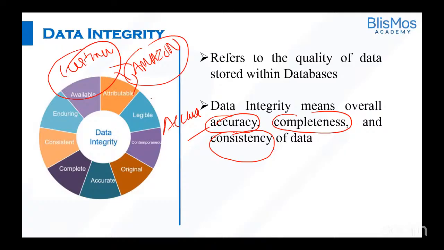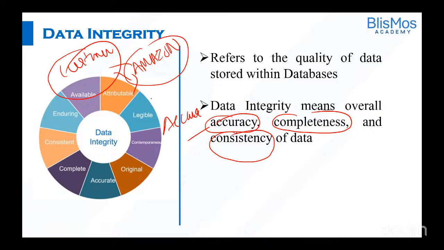Consistency means, we did discuss the foreign key, right? If the data in one table for a particular column is different in a different table for the same column, that is inconsistent. So basically, consistency is the uniformity of the data across the different tables in a database.